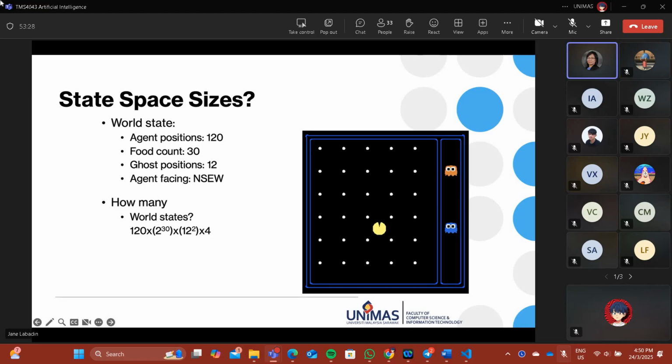So 2 to the power of 30 times the ghost position can have 12, and times 4 because you will have this agent facing 4 ways. But that is the whole states.